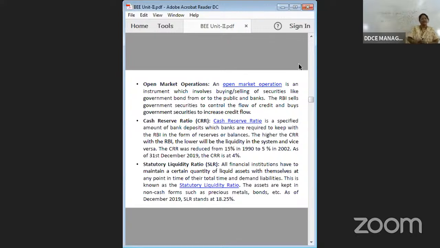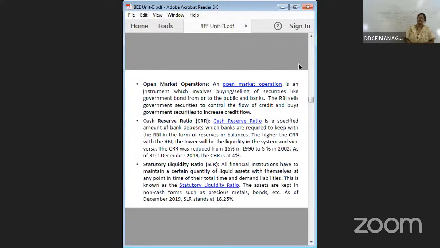Like that, RBI also required money. So RBI made some reservation requirements which are implemented in the commercial banks.